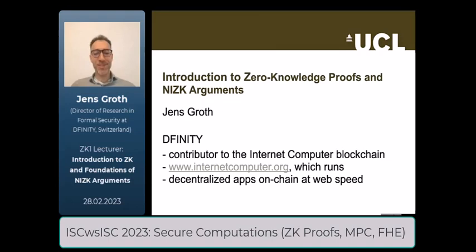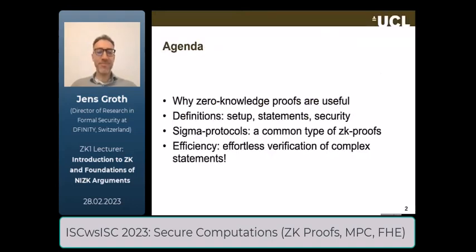But let me transition to the main topic today, which is zero knowledge proofs. So in this introduction, I want to cover essentially 4 areas. First, I want to justify zero knowledge proofs, though you've already seen some justification of that.